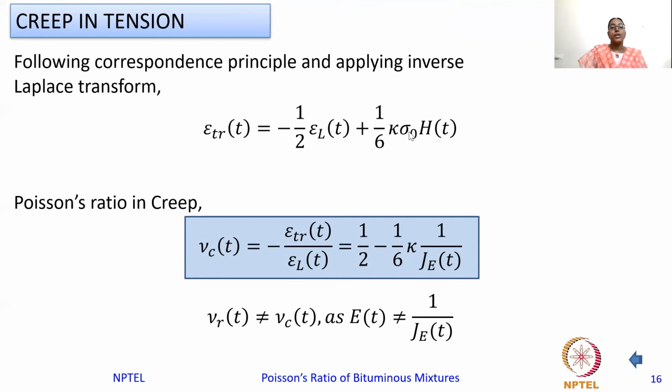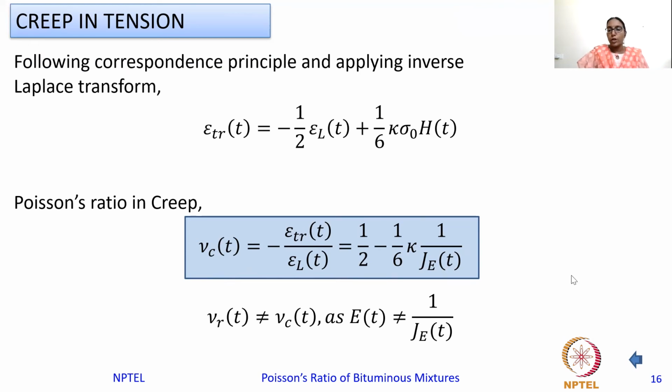Now again, you can compute the Poisson's ratio as negative epsilon TR by epsilon L. So substituting for epsilon TR in this relation, we get mu CT is equal to half minus 1 by 6 kappa 1 by JET. Now this is called mu C. It is denoted as mu C because this is the Poisson's ratio that is estimated from the creep and recovery test. So this is the relation for the Poisson's ratio in creep.